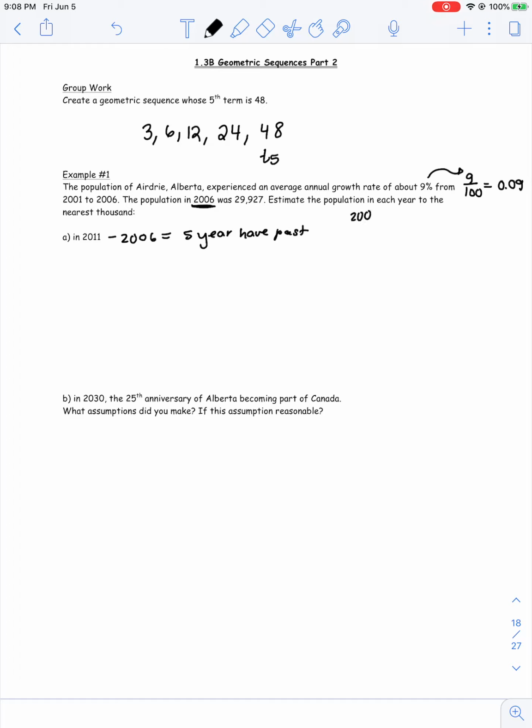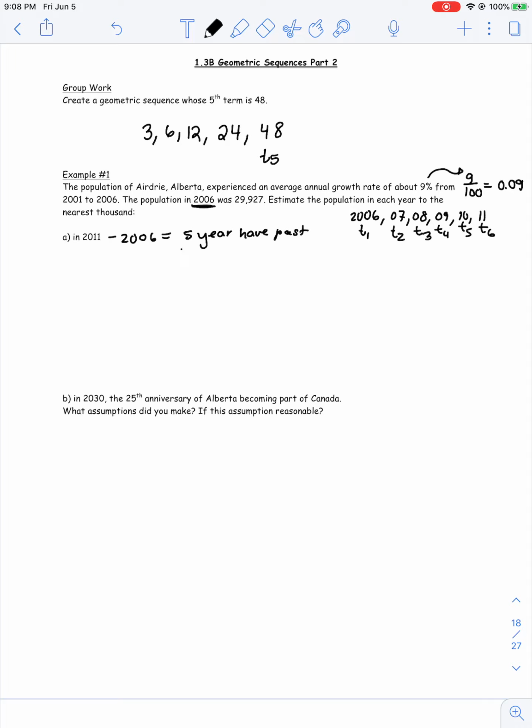Now if we list out the years, 2006, 07, 08, 09, 10, 11, we can see by counting, look, there's 1, 2, 3, 4, 5 years have passed, but if you actually label them by terms, by spot numbers, if this is term 1, this is term 2, term 3, term 4, term 5, we actually have 6 terms.